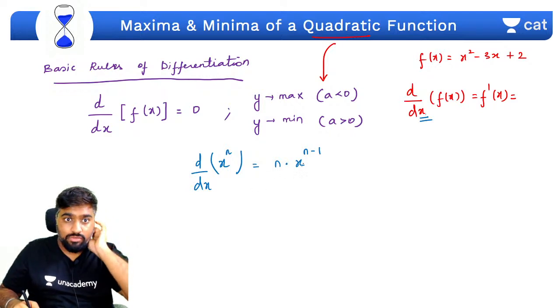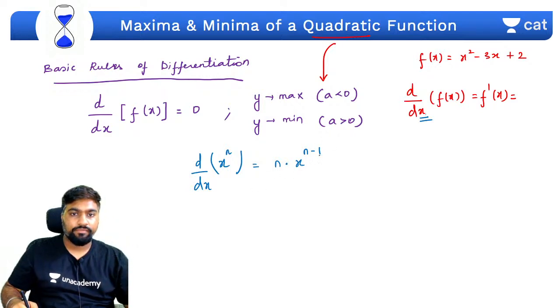Yes, so in this case it is x square. X square will become 2 into x to the power 2 minus 1, which is 2x. Understood? Guys, did this make sense?